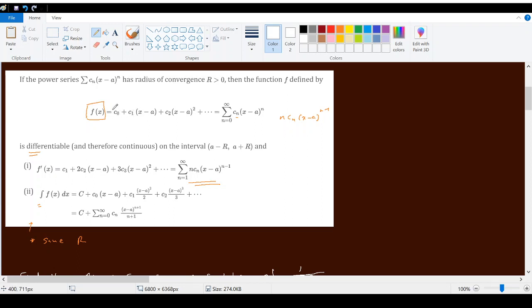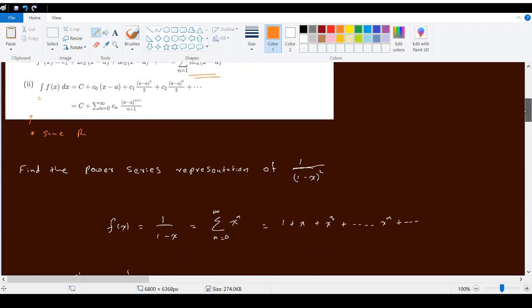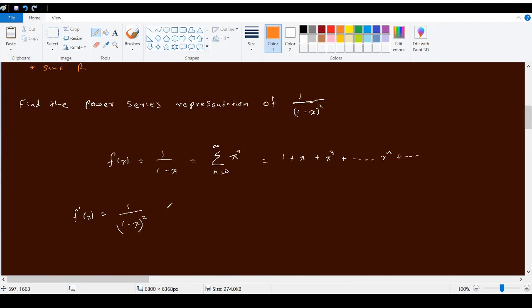See here, this is a constant, so by taking the derivative, this will vanish, and here you have only an x term, so you have c1, and here you have 2c2, and the power is reduced, and likewise you can differentiate it term by term, right?